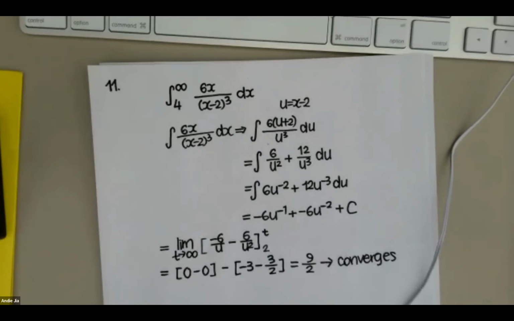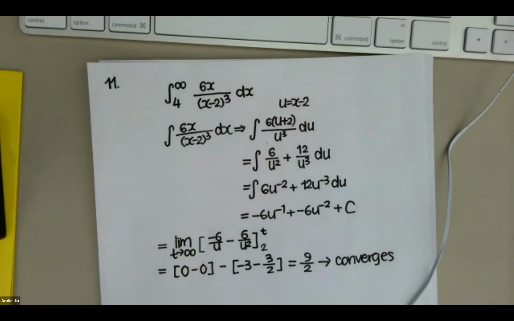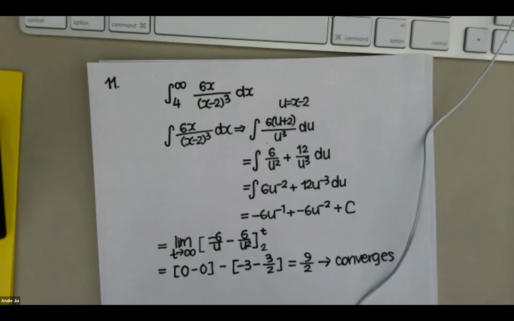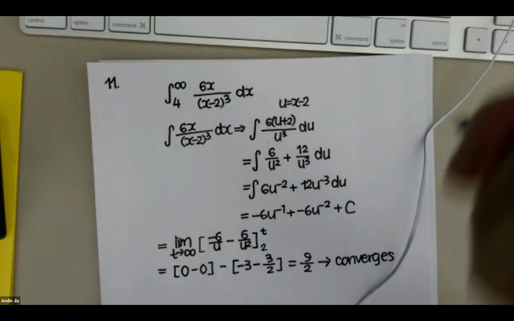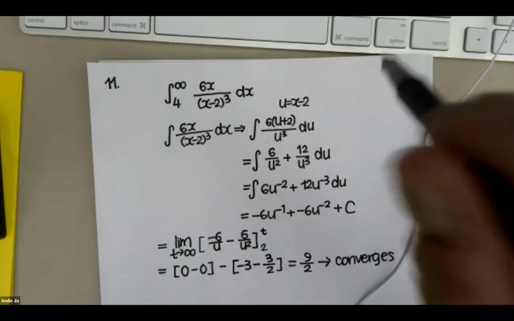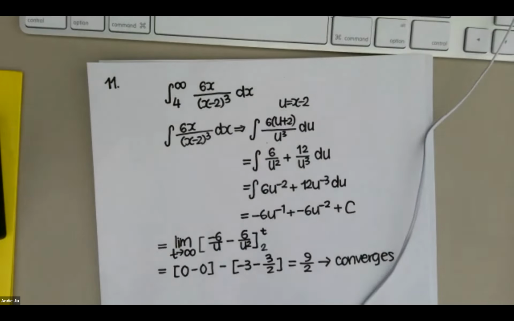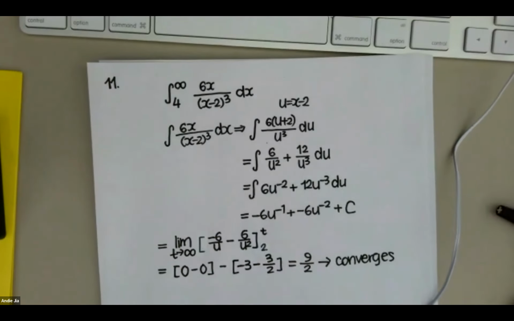Yeah, there will be one on the comparison test. I'm going to do one for type 1, one for type 2, and then one for the comparison test. Does this answer your question, Lillian? Yeah, that does. So this is type 1, where we have an infinity bound. For type 2, it's going to be a discontinuity in the bounds.